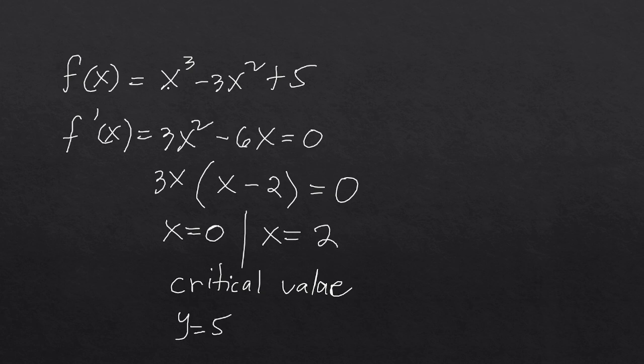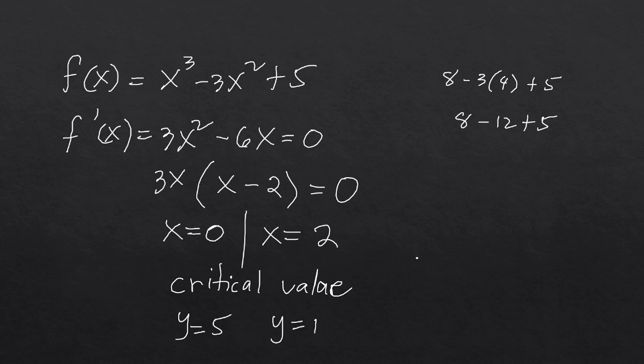The 2 cubed is 8. You have there 8, then minus 3 times 4 plus 5. And then it will be 8 minus 12 plus 5. So it will be 13 minus 12, so it will be 1. y is equal to 1.